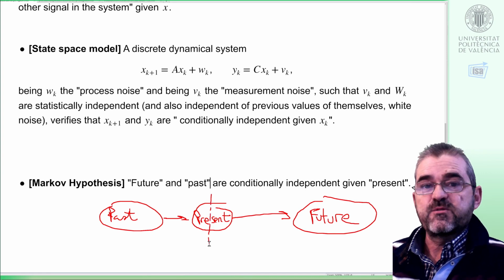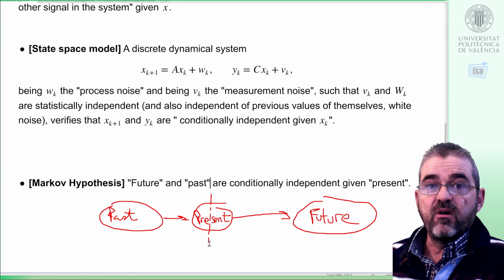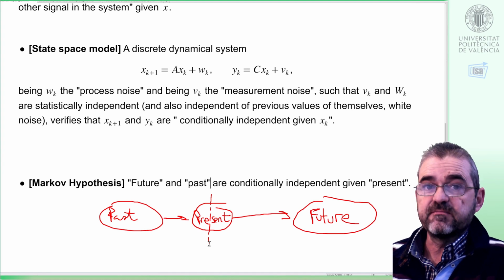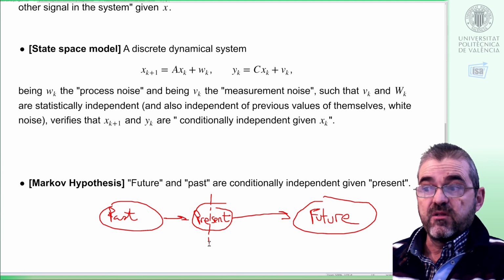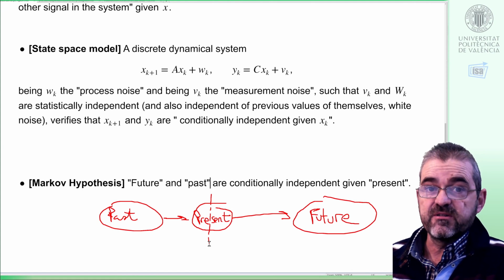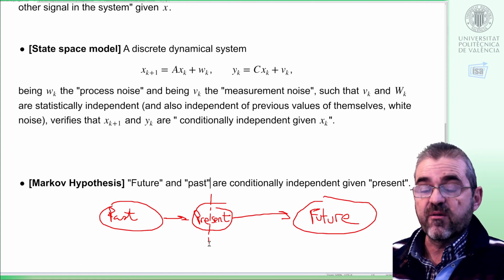Formally, I can split my explanation of what I observe in time, saying that future and past are correlated, but conditionally independent given present. The only way for past to influence future is changing something at the present.